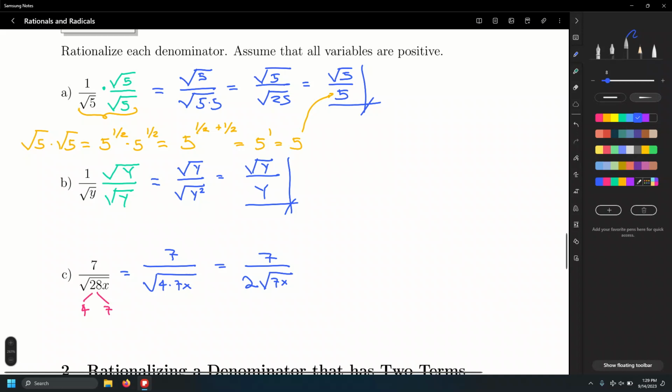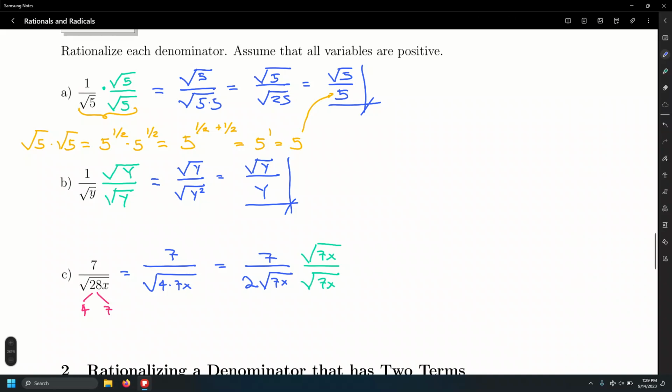But in this case, only by the radical, not by 2 as well, just by the radical. That is the square root of 7x divided by the square root of 7x. Multiplying across, that's going to give us 7 times the square root of 7x divided by 2 times the square root of 7x squared, that is, 7x times itself, 7x, and then we will simplify this to lowest terms.